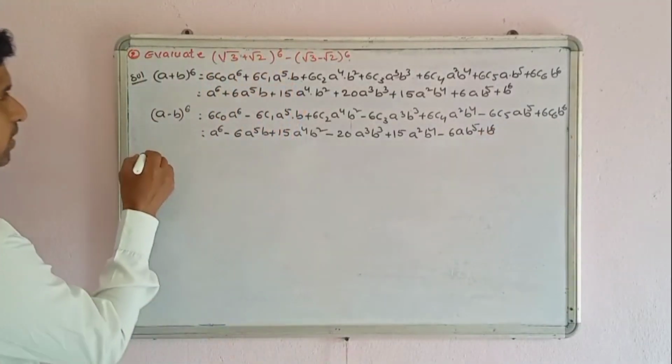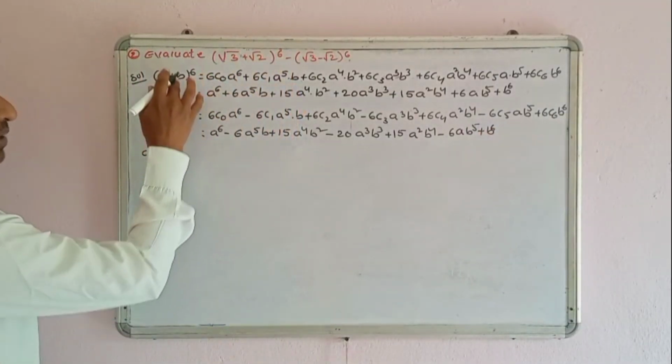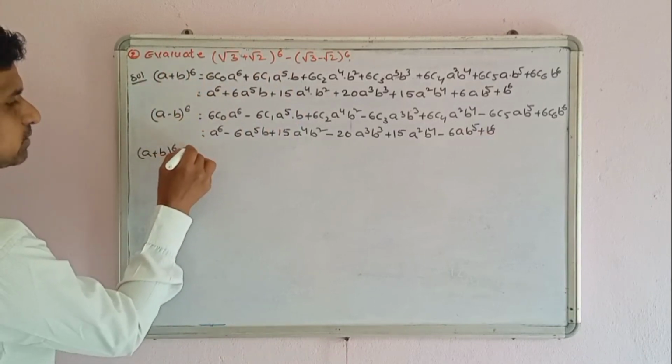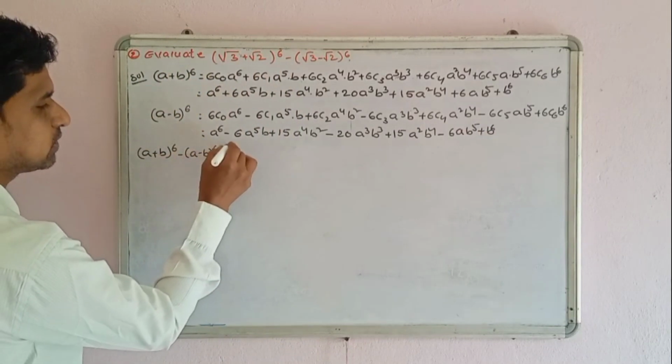Now do one thing. For (a plus b) and (a minus b), subtract the second term from the first term: (a plus b) whole power 6 minus (a minus b) whole power 6.